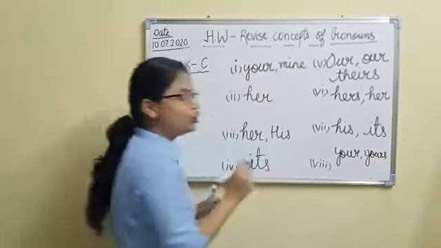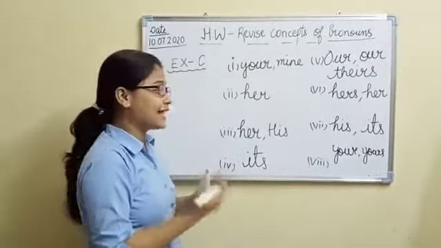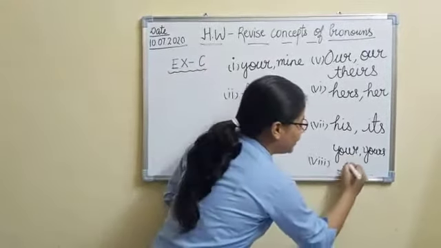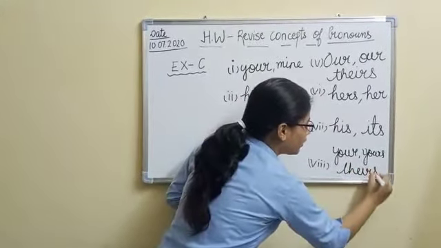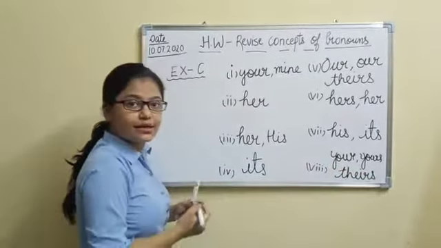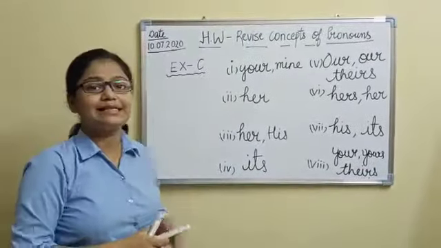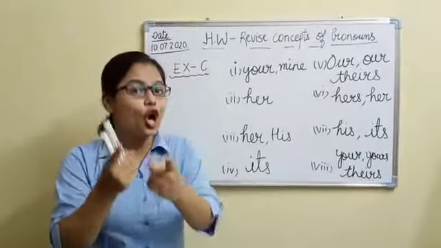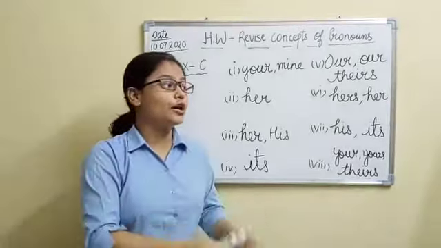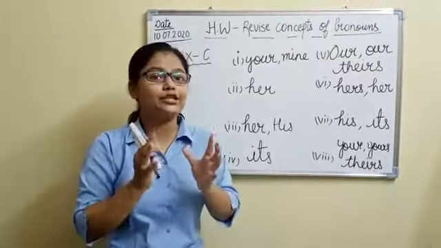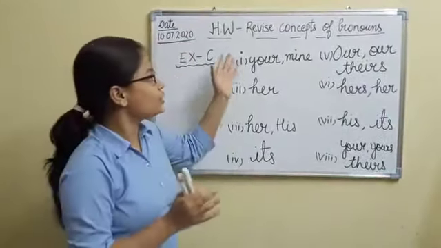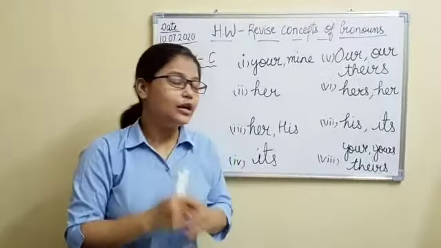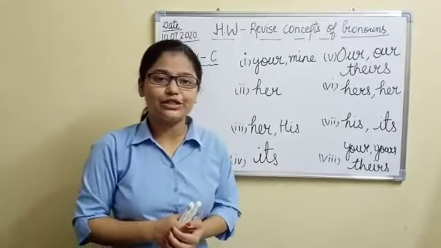Is the dog in your garden yours? And the second way of writing this sentence will be: is the dog in your garden theirs? Right? So you can write this sentence in two ways. We can use any suitable possessive pronoun, but it should fit the sentence. Right? So this exercise is complete, my dear students.